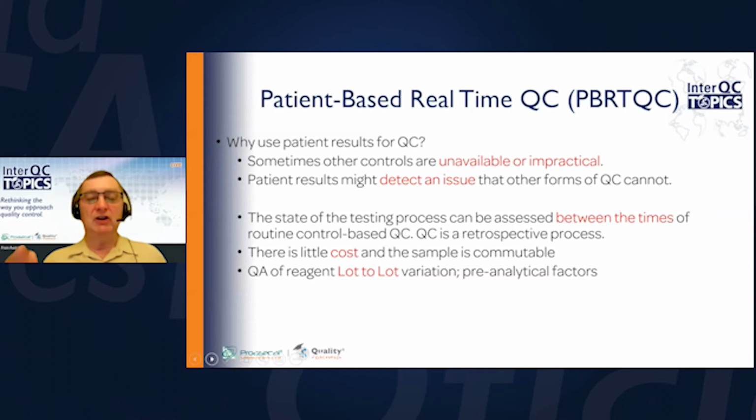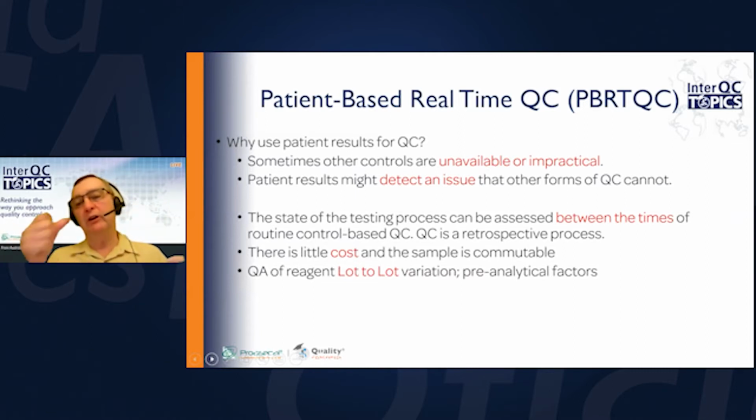So I'm really now talking about what are the advantages of patient-based real-time quality control. I've mentioned already that sometimes conventional quality control material isn't available, and that patient-based real-time QC can detect errors that conventional quality control cannot detect. It uses a lot more control points.